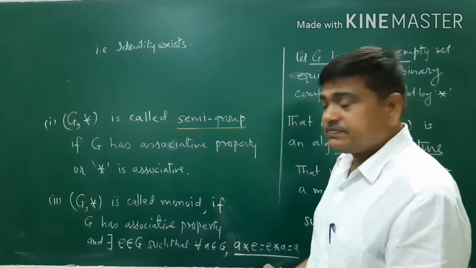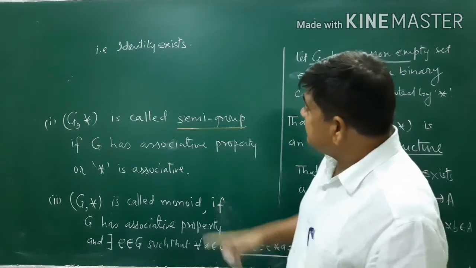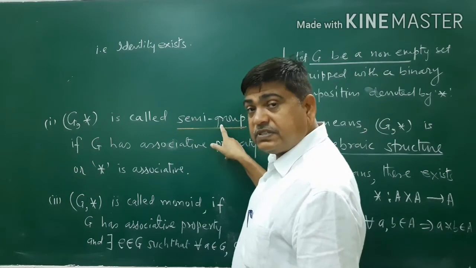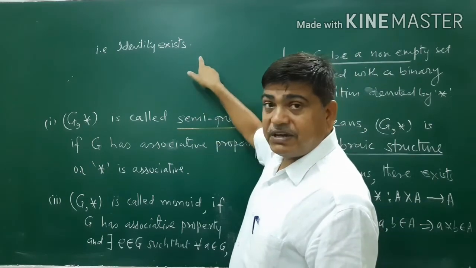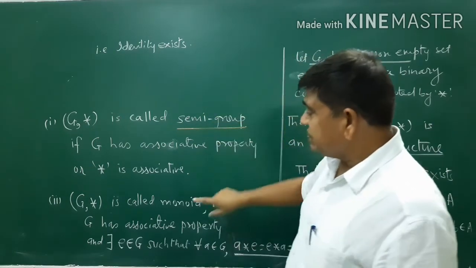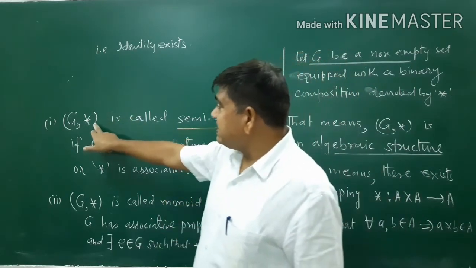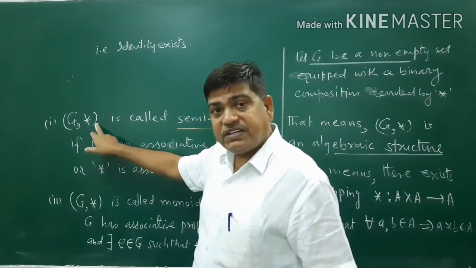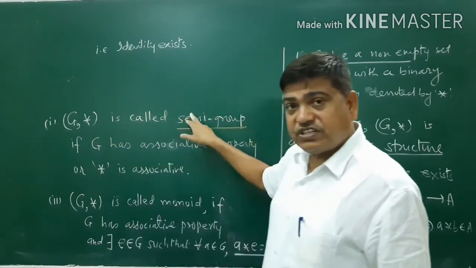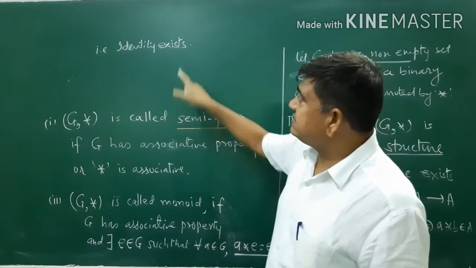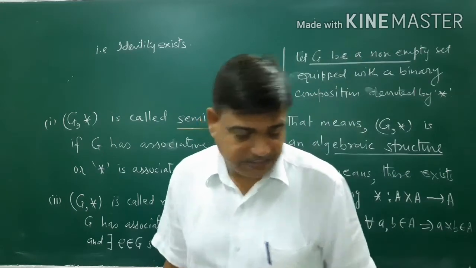That means if a semigroup has an identity element, then the semigroup is known as a monoid.